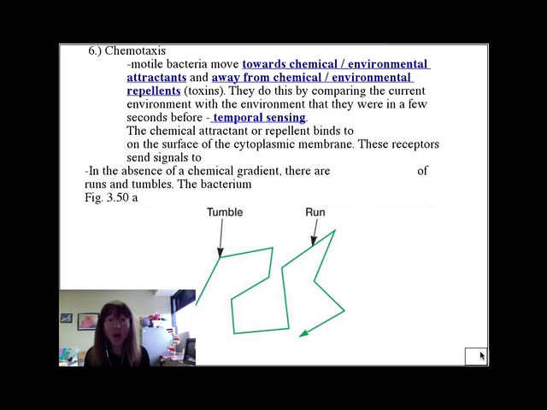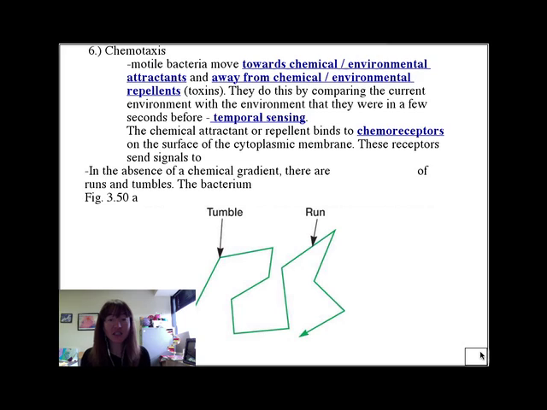But a bacterium could not do that. A bacterium would have to actually keep moving to sense the change. So sometimes I feel like a bacterium might have to keep moving in order to keep thinking, but that's not the case, right? We sense spatially and they sense temporally. They have to keep moving from one point to the next so that they can compare time-wise where they were here to where they were a few seconds ago.